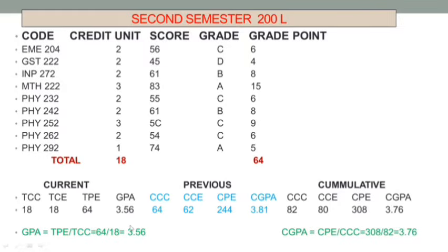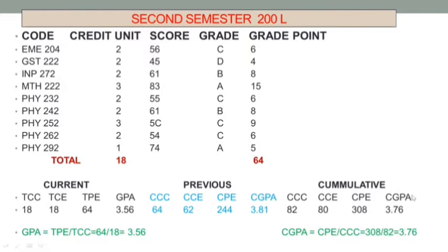So the candidate dropped. Let's look at the cumulative. From the cumulative, this is how we normally do it. CCE is what? The previous and the current. So 18 plus 64 give us 82. CCE, this one is 62 plus 18, which is this. Then CPE is what? 244 plus 64 to give us 308.